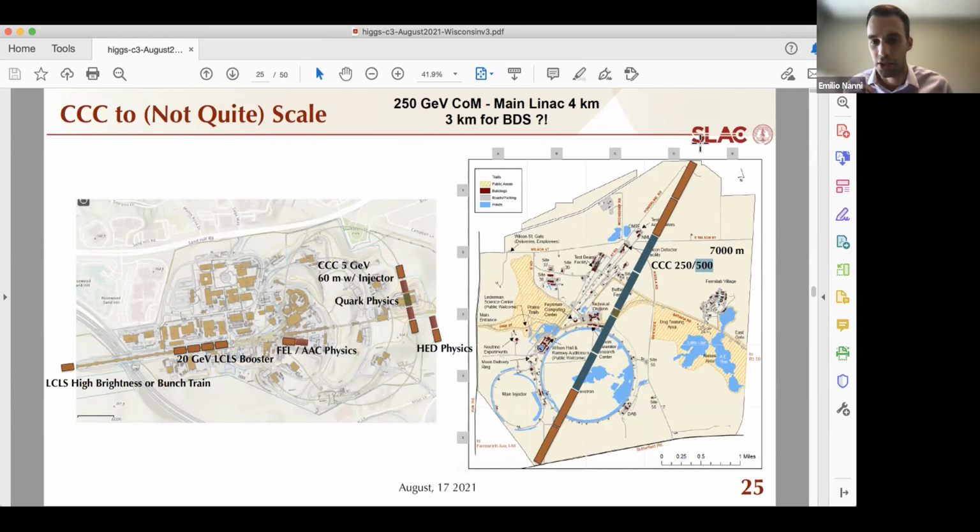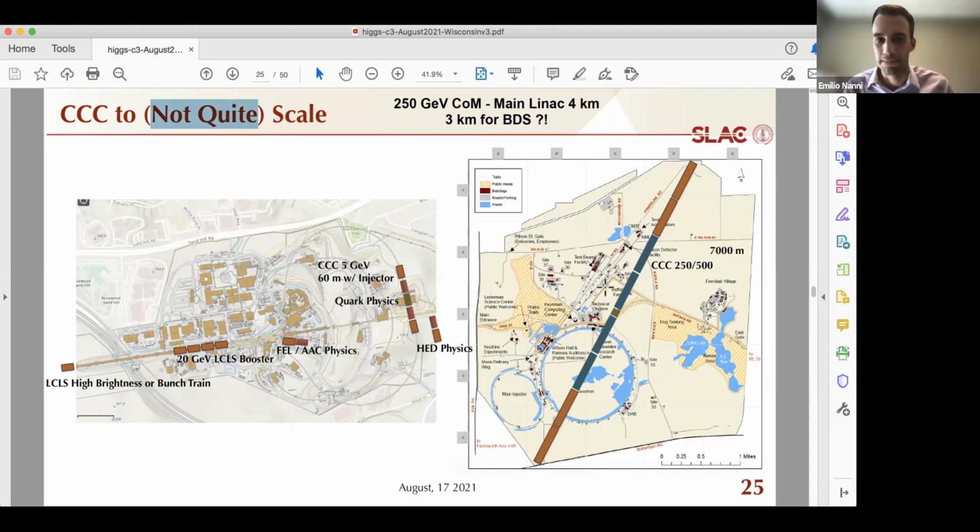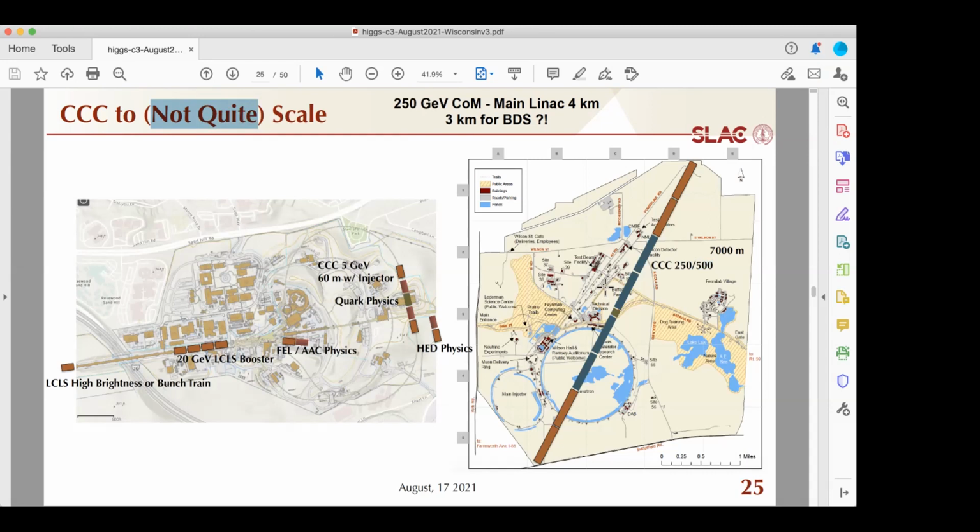And then there's some margin in the length of the LINAC and there's some margin in the RF power. Oh, you're saying that even a 500 GeV machine fits this 7 kilometers. I see. It doesn't quite fit 7. Not quite, okay. So you need a little bit more. Well, this is the question of how long the BDS has to be. Yes, exactly, that's the question that I was asking.